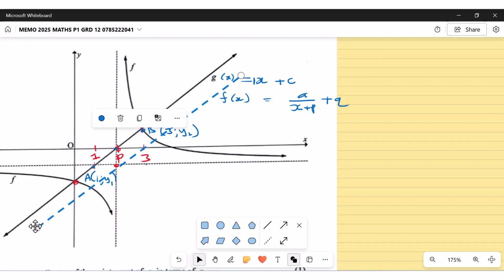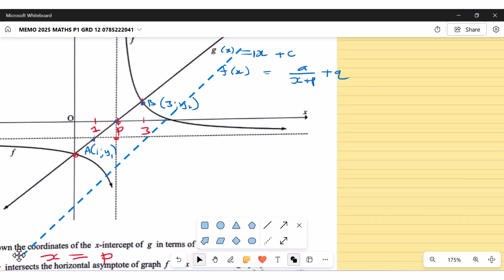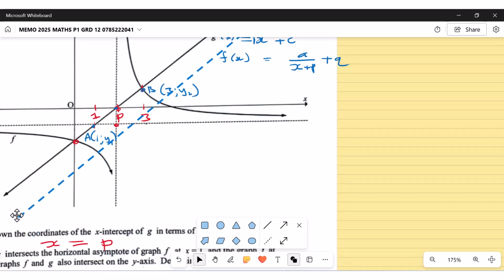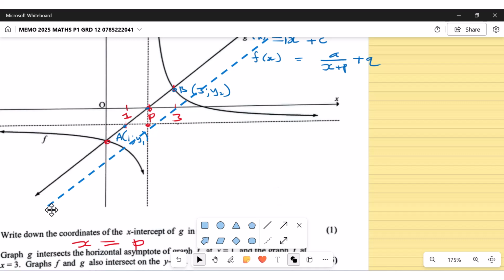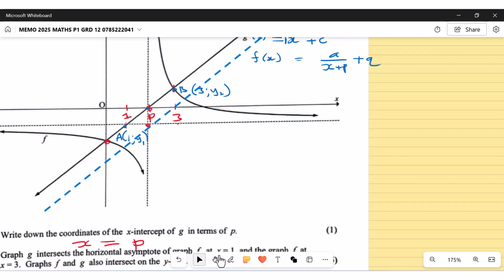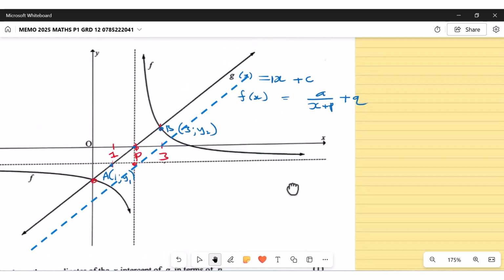I repeat, the line of symmetry with the positive gradient, the one you see dotted in blue here, is given by y equals positive 1 times x plus p, and then plus q.